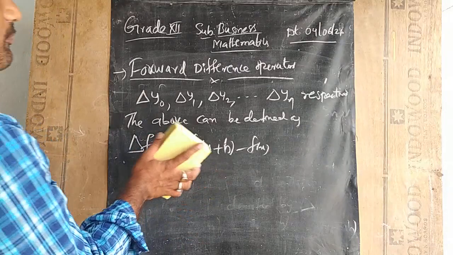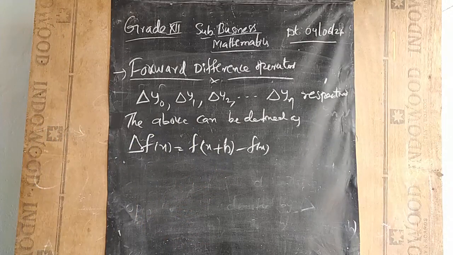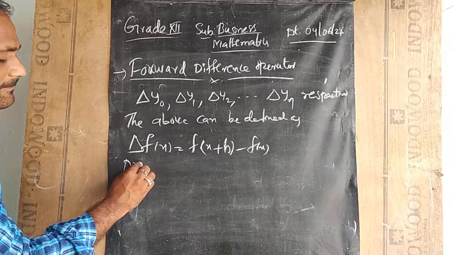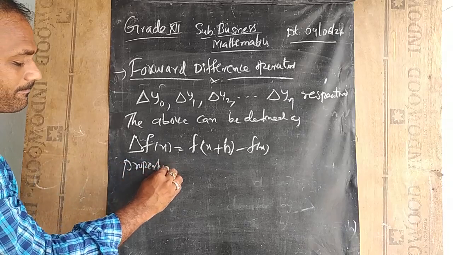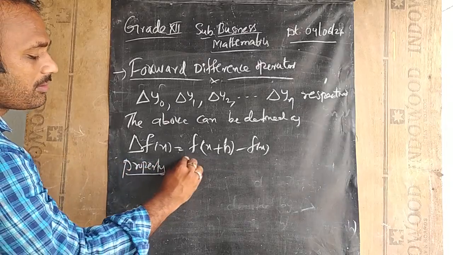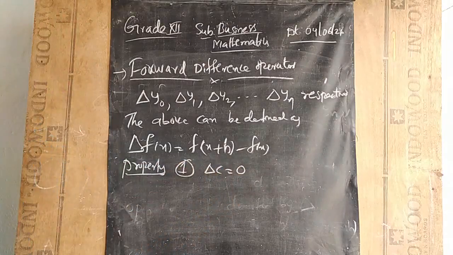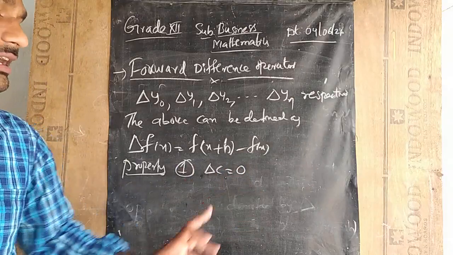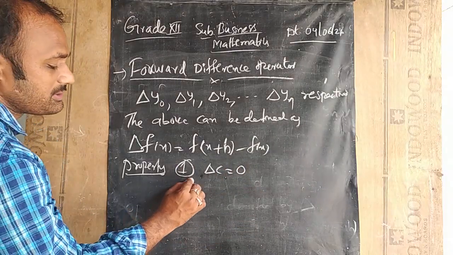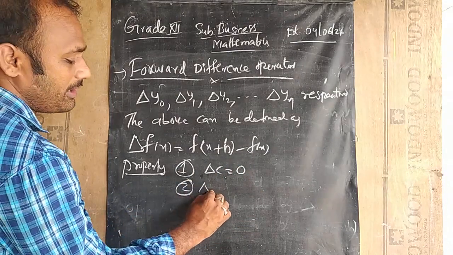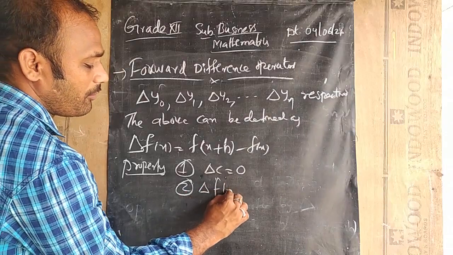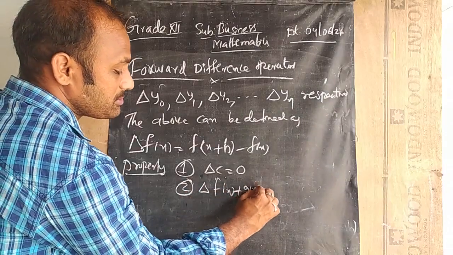So let us see some properties based on this. First property: delta of c, where c is any constant. If I am asking for the forward difference of that, the answer will be 0. Second property: delta of f of x plus g of x.